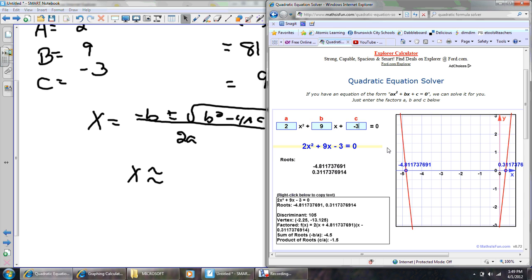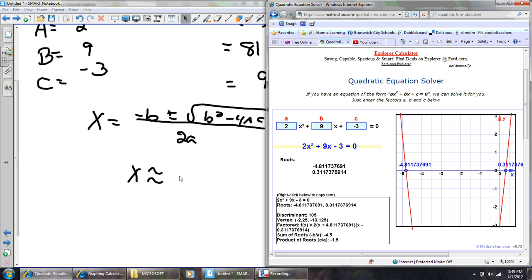Okay, there we go. Now, if you did the math on your calculator, you should have done negative 9 plus or minus the square root of 99, got that answer and then divided by 4. Okay, and then do negative 9 minus the square root of 99, get that answer and then divide by 4.